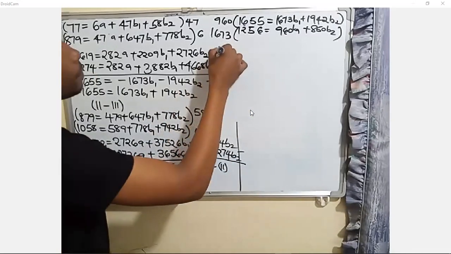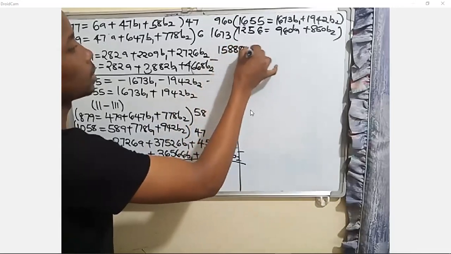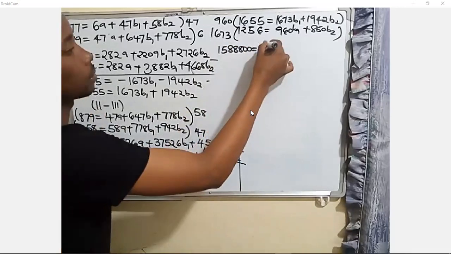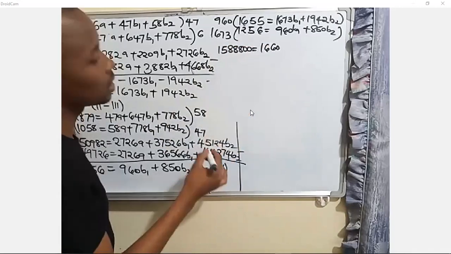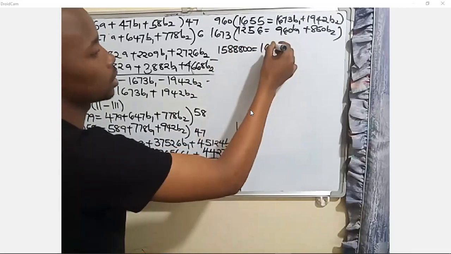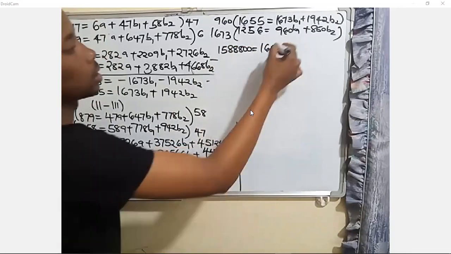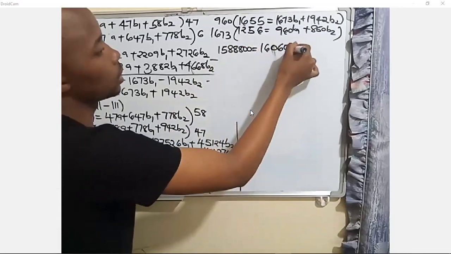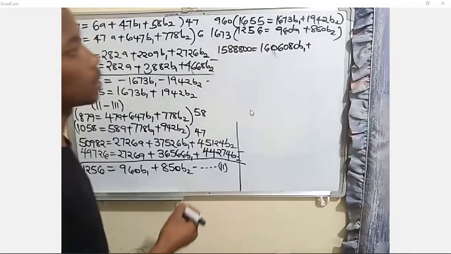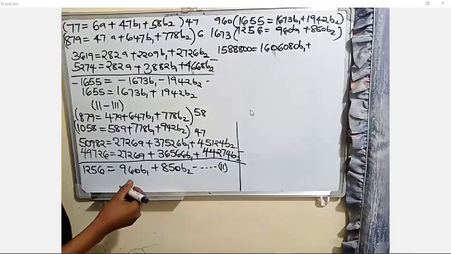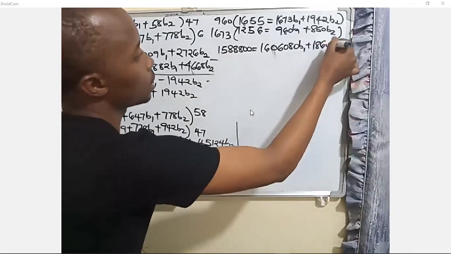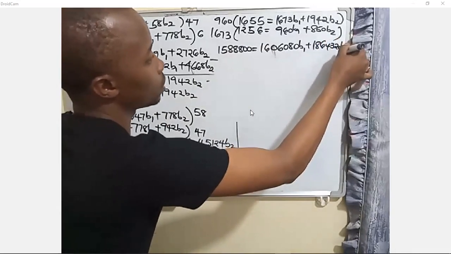You have told me 1588800, which is equal to 160608 B1 plus 1864320 B2.